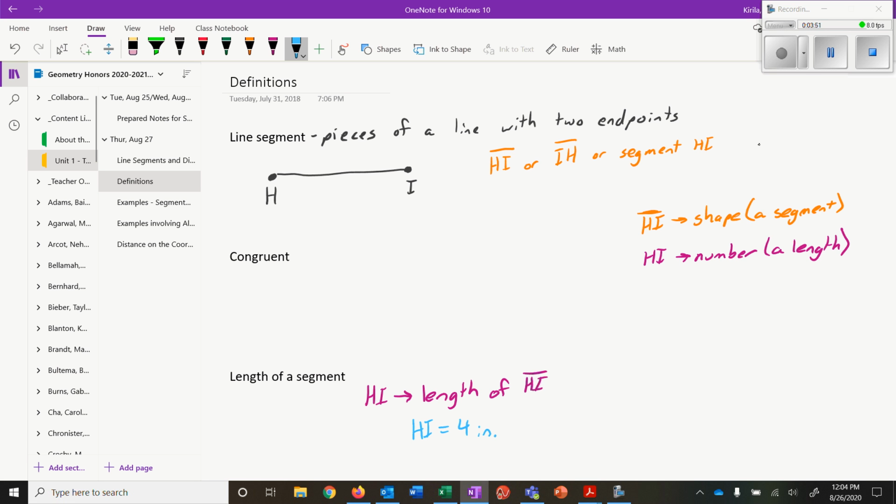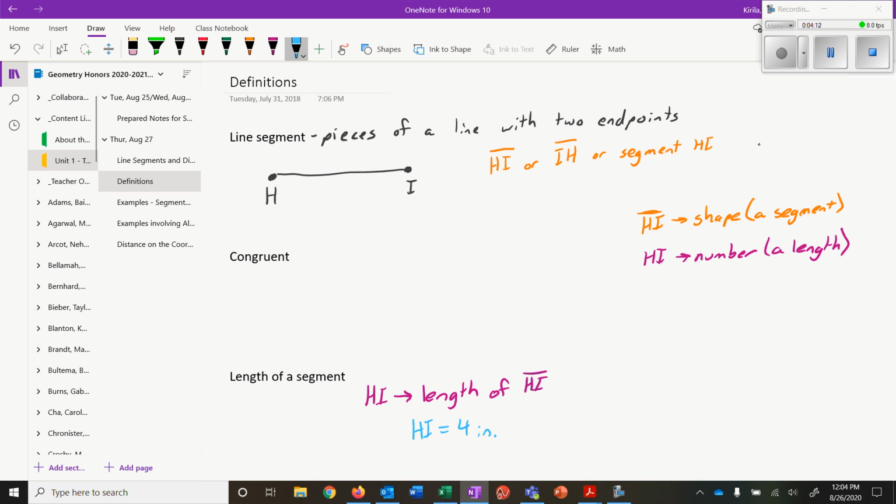But I can't say that about a shape. Saying a shape is 4 inches would be like saying, well, that hexagon over there is 4 inches. It's gibberish to say that. Or if I put the symbol on top here, I'm saying, again, a shape is a number, and shapes cannot be numbers, and numbers cannot be shapes.